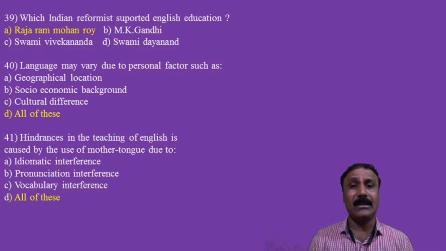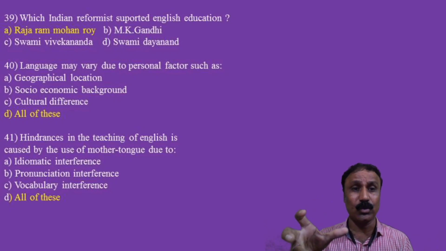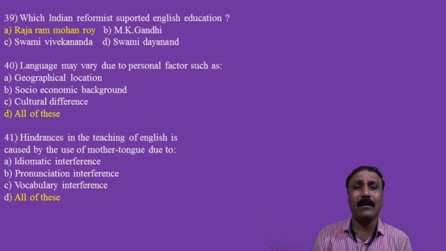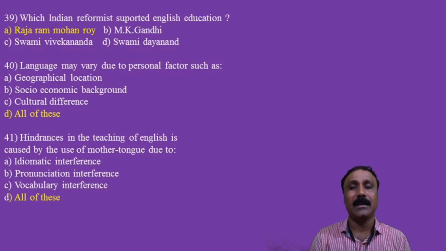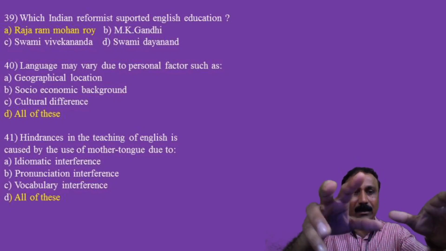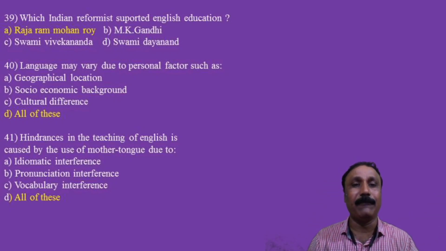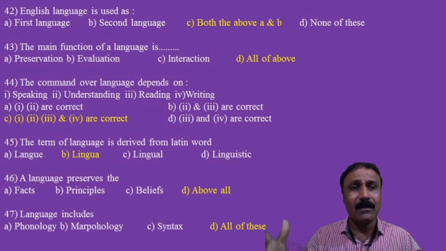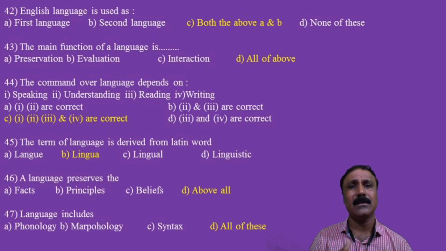Hindrances in the teaching of English caused by the use of mother tongue are due to idiomatic interference, pronunciation interference, vocabulary interference, of course, all of these. Here, all these above factors influence the learning, caused by the use of mother tongue. And English language is used as first language, second language, both the first and second language, none of this.